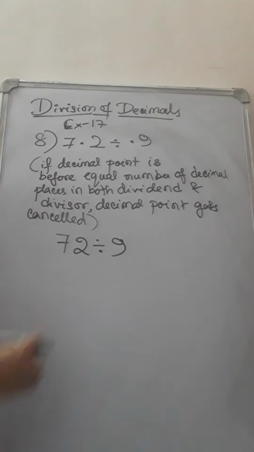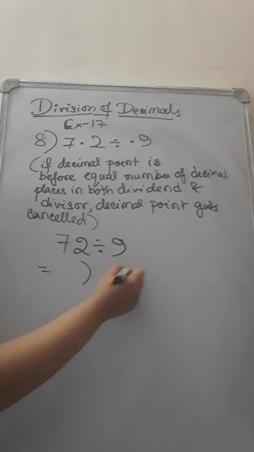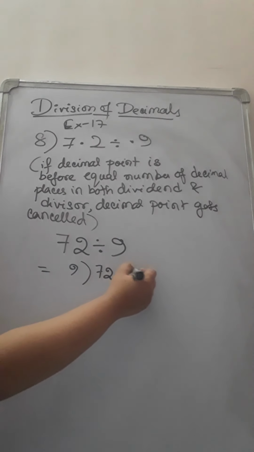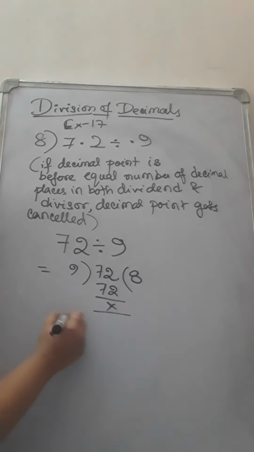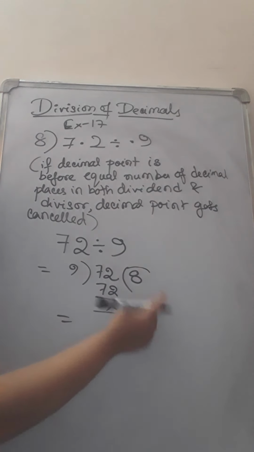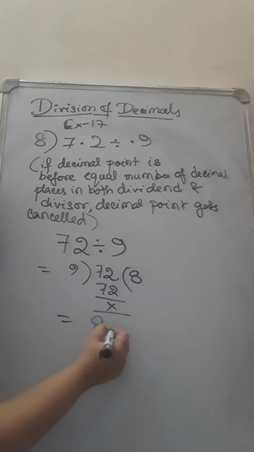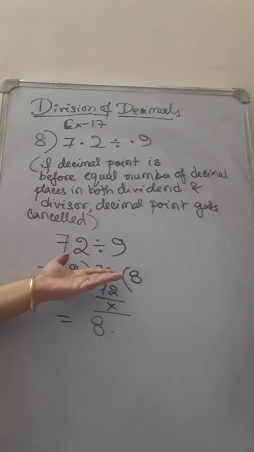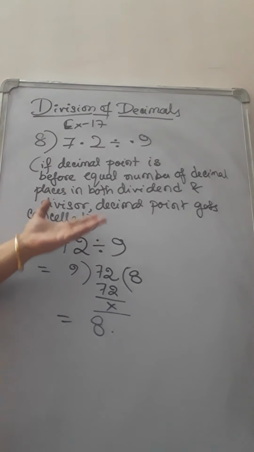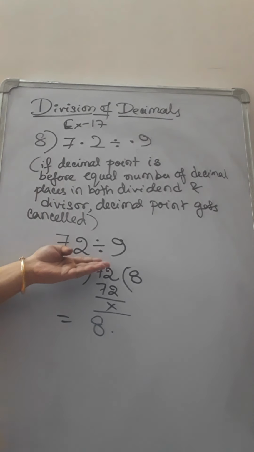So this will be treated as a simple sum, and 72 divided by 9 means 9 eights are 72. The answer will be a pure number not having any point. It will be 8 only, because the sum has reduced to a pure number from the decimal numbers when we cancelled the points. So you don't have any point over here.